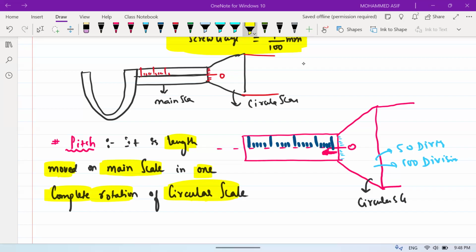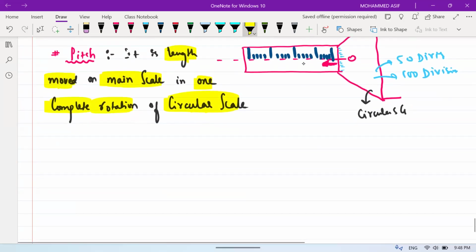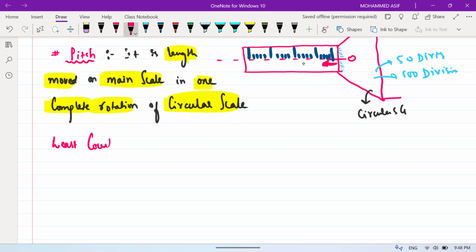चलो, तो ये हो गया अपना पिच। The next one is least count. जो फर्स्ट डेफिनेशन आता है इसके अंदर, how to calculate the least count. Least count represented by LC. आप लोगों को तो फॉर्मूला याद होगा, least count is equal to pitch divided by number of circular scale divisions.